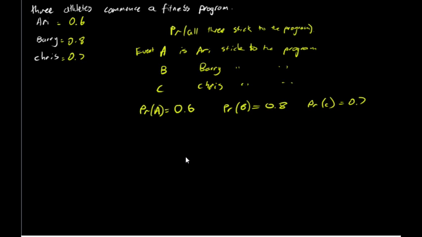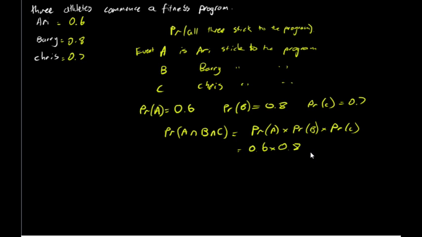And we want to work out the probability that A and B and C all stick to the program. Now, since they're all independent of each other, we can say that the probability of A and B and C is just the probability of A times the probability of B times the probability of C. So 0.6 times 0.8 times 0.7.